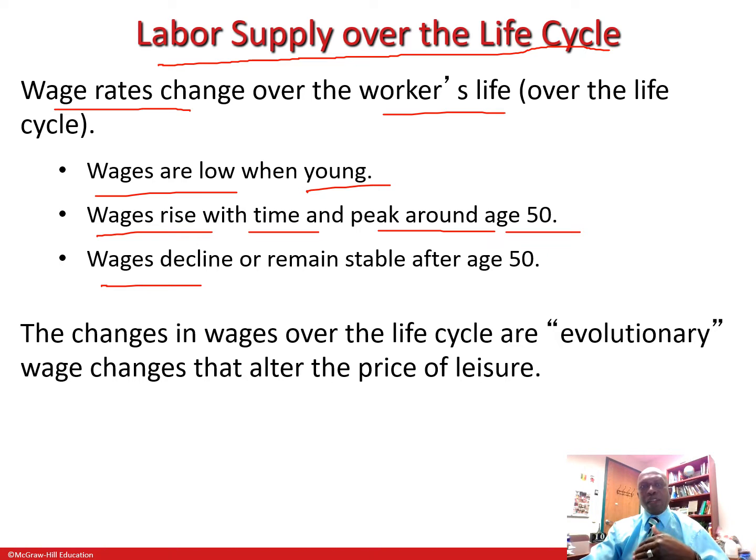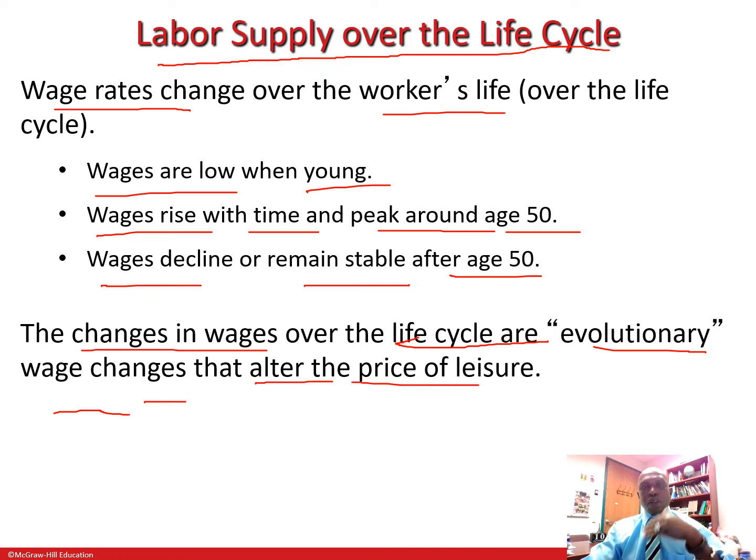Wages decline or remain stable after age 50. The changes in wages over the life cycle are evolutionary wage changes that alter the price of leisure.